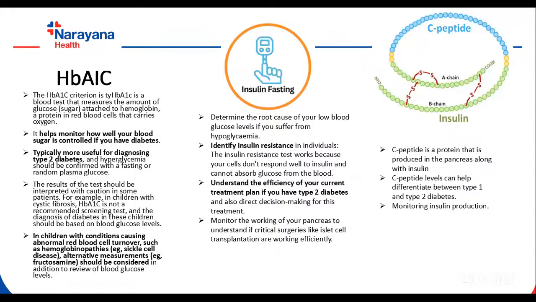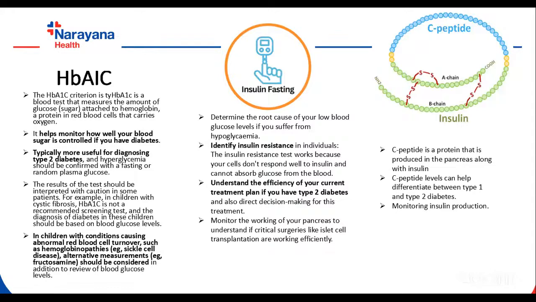Basically, it gives you an idea of 3 months of how your blood levels are controlled. It is generally useful in diagnosis of type 2 diabetes. Where it won't be of use is especially in cases of various hemoglobinopathies. The blood glucose won't be reliable.